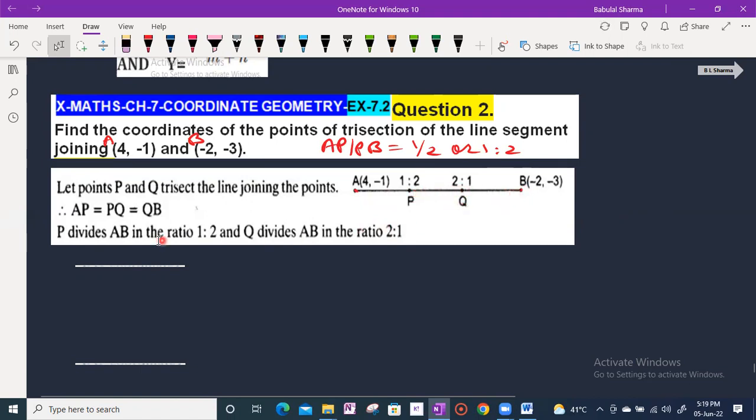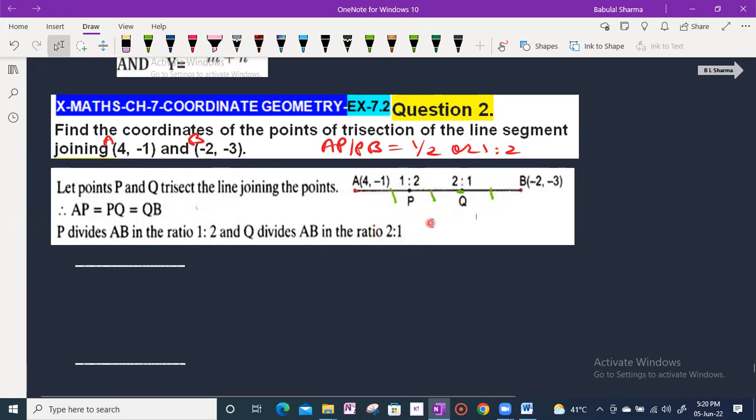So P divides the line segment AB in the ratio 1:2, and Q divides similarly. This point is Q. So Q has 2 parts on this side and 1 part on this side. So point Q divides AB in the ratio 2:1. ये पॉइंट P AB को 1:2 रेशियो में डिवाइड करता है, और पॉइंट Q AB को 2:1 रेशियो में डिवाइड करता है.